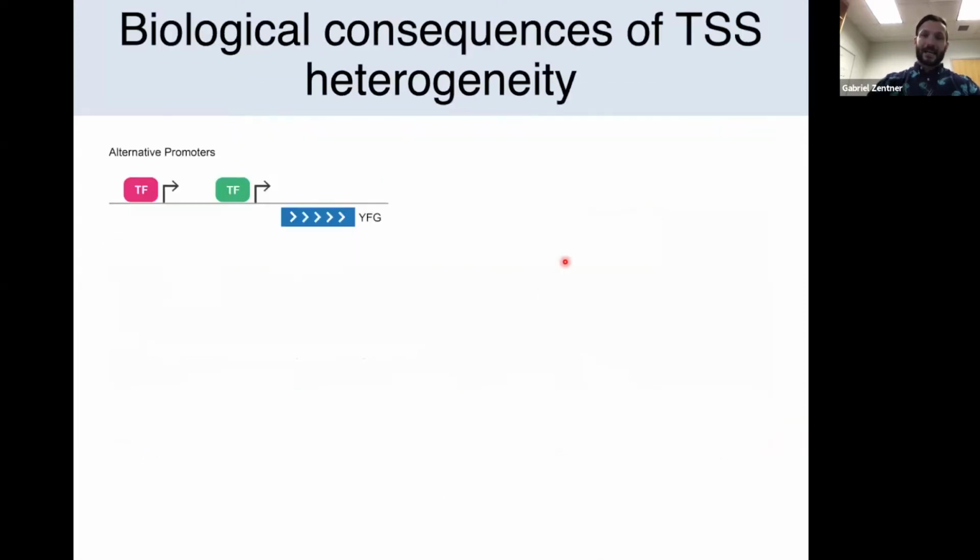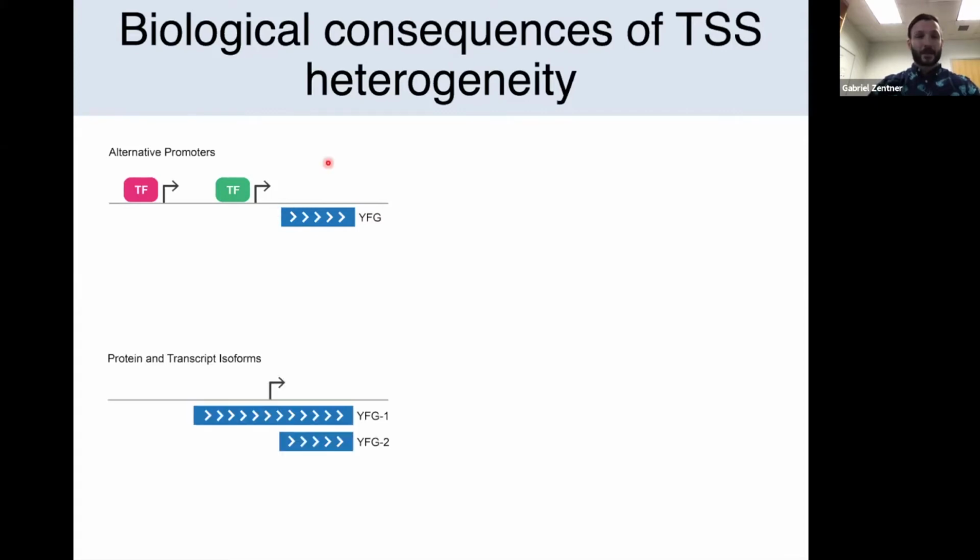In fact, heterogeneity of TSS or transcription start sites within promoters can have wide-ranging biological consequences. Transcription factors and other proteins can specify the usage of alternative promoters for given genes, and this can lead to shortening or extension of the 5' untranslated region, which can have various consequences that I'll talk about.